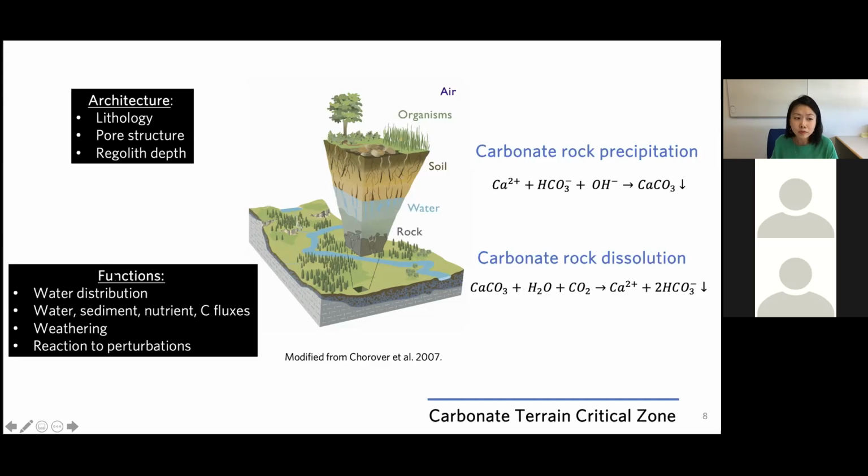And the main functions to be studied include the water distribution, the flux of water, sediments, nutrients, and carbon, as well as weathering and reaction to the perturbation process. And also, very importantly, we would like to study how the architecture and function are interrelated with each other.